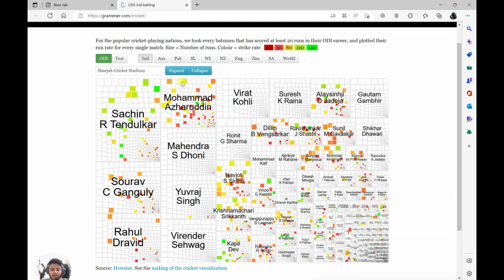Currently, by looking at it, we are making the assumption that green is a strike rate of around 110, red or orange is a 20 to 50 strike rate, and how much they have scored in the number of single matches they have played. This is how easy it is to convey a message using visualization, and that's how important it is in day to day life.